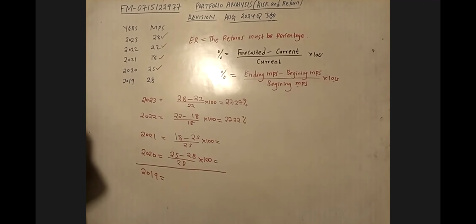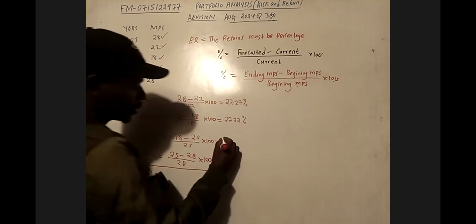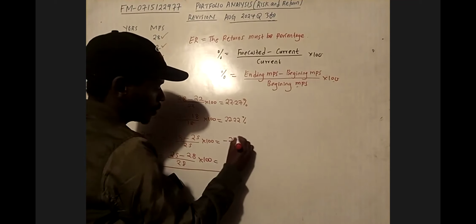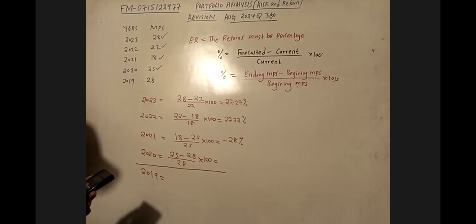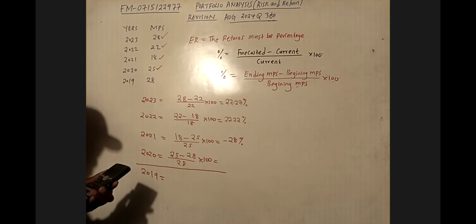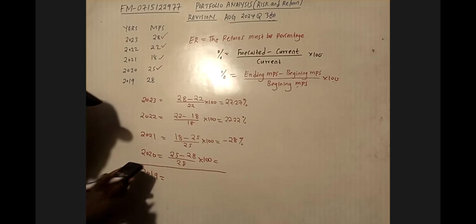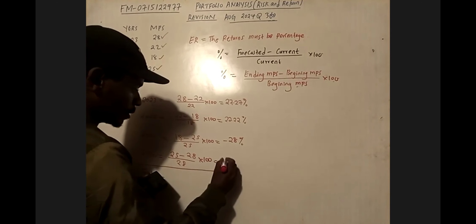Then 18 minus 25 divided by 25, that will be equal to minus 28%. Then 25 minus 28 divided by 28 times 100, which is minus 10.71%.